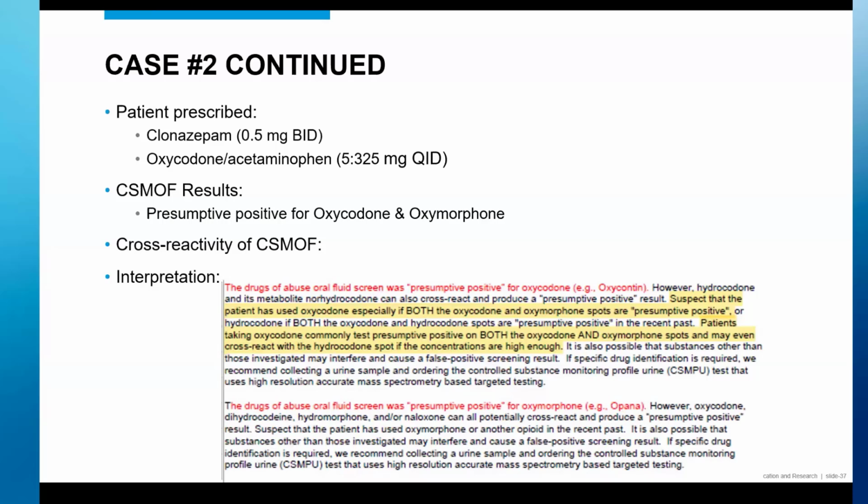Suspect the patient has used oxycodone, especially if both the oxycodone and oxymorphone spots are presumptive positive. Patients taking oxycodone commonly test presumptive positive on both the oxycodone and oxymorphone spots, and may even cross-react with hydrocodone if the concentrations are high enough. So we tell you what our cross-reactivity is right in the interpretation. Hopefully this helps simplify some of these complicated metabolic pathways and cross-reactivity questions.